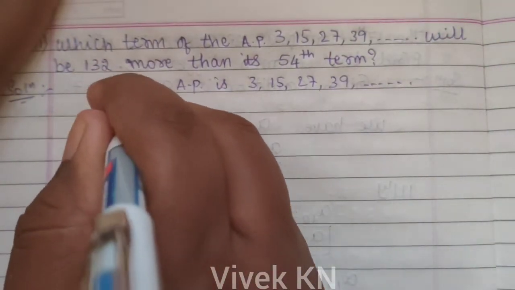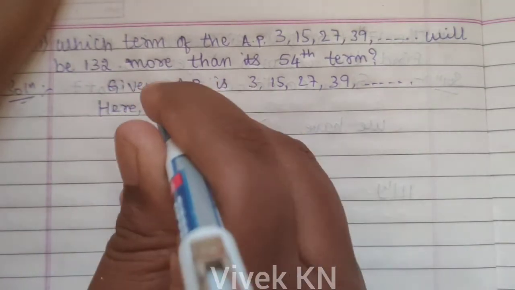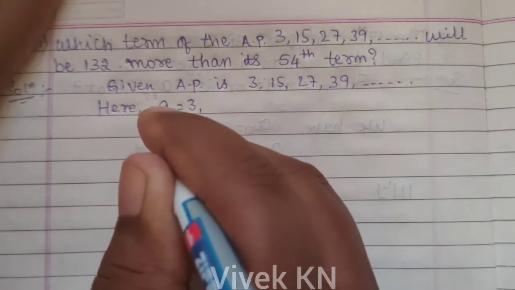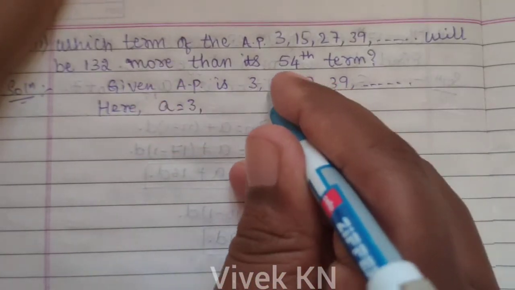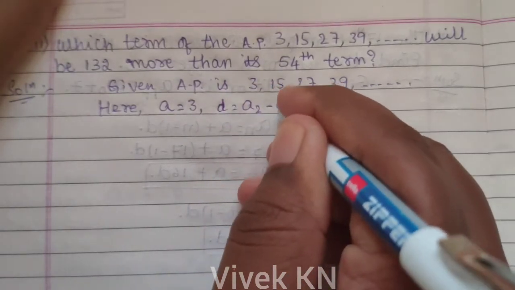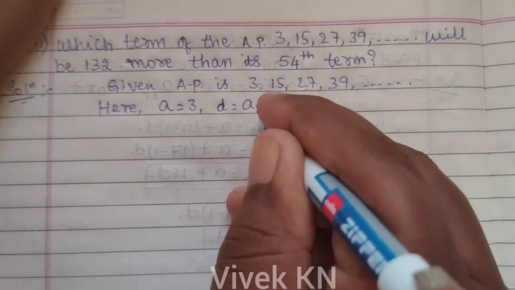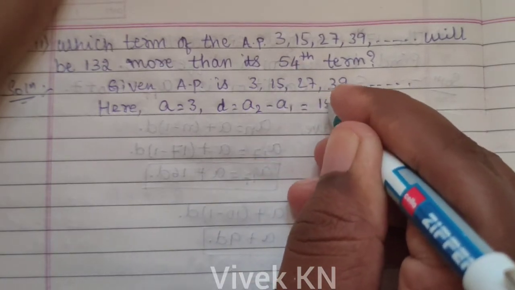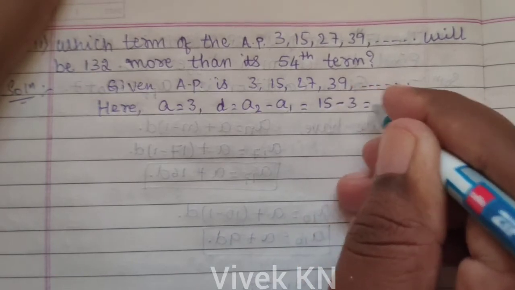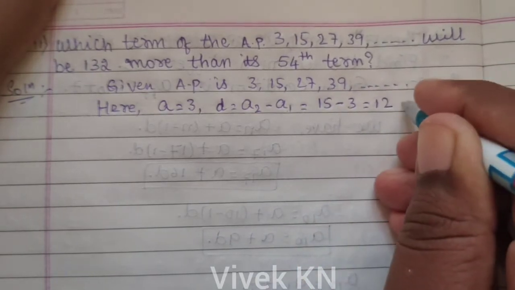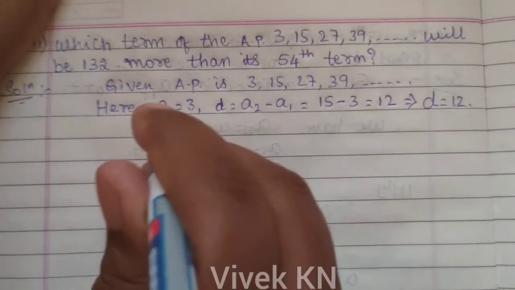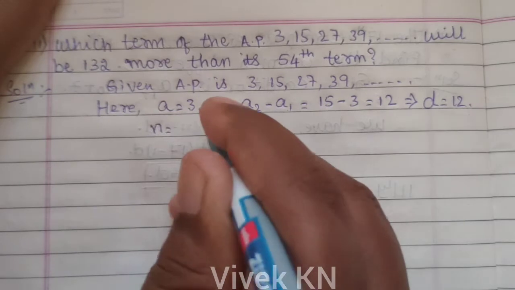Here the first term is 3 and the common difference is given by A2 minus A1. The second term is 15 minus the first term 3. 15 minus 3 is 12. This is the common difference. And n is equal to 54.